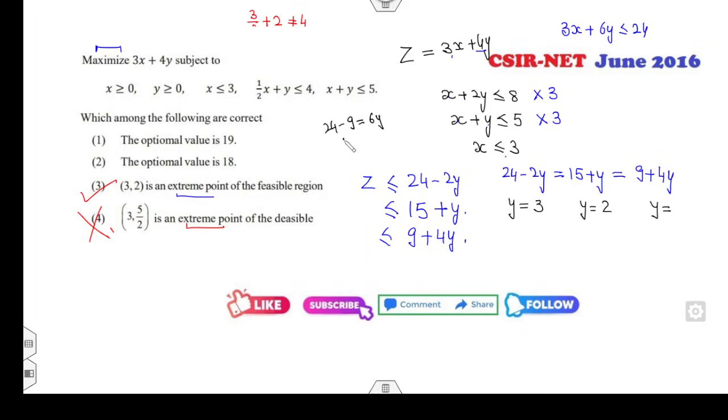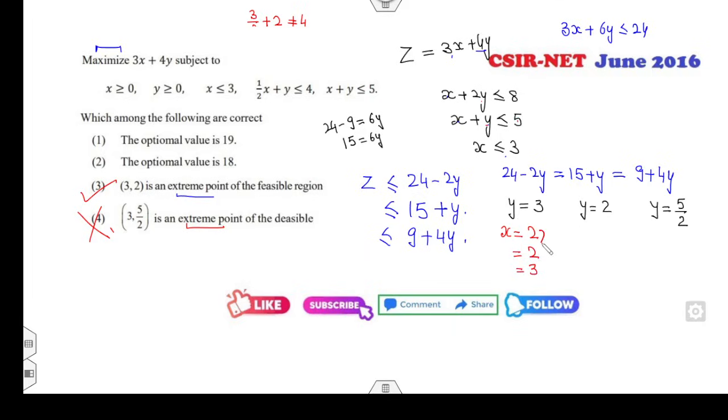So that will be 15 is equal to 6y. So that will be 5 divided by 2. Fine. Now, when y is equal to 3, look at the given constraints. What is the value of x? If y is equal to 3, that's 6. y will be 2. y is equal to 3, 2, and it is my 3.